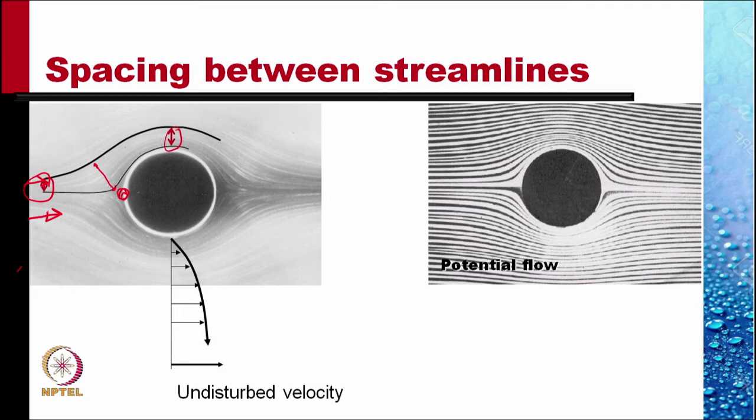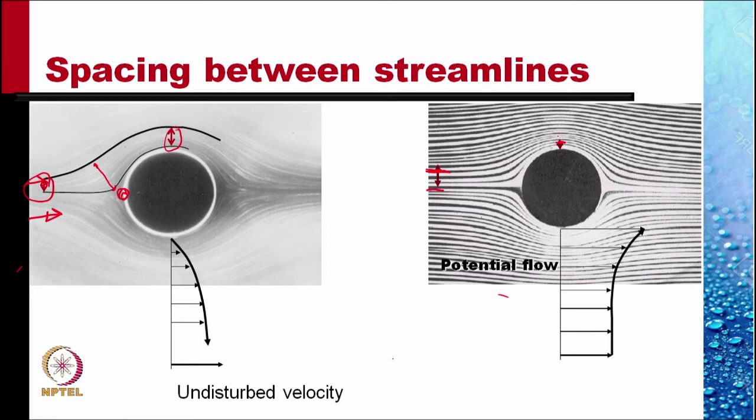There is no boundary layer, there is no separation in this flow. Notice that in this case, the distance between two streamlines is much larger upstream than on the shoulder. What does this mean? This means the velocity on the shoulder is much larger than the velocity upstream.